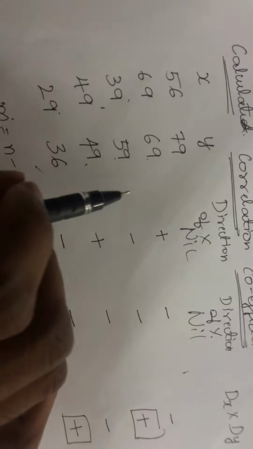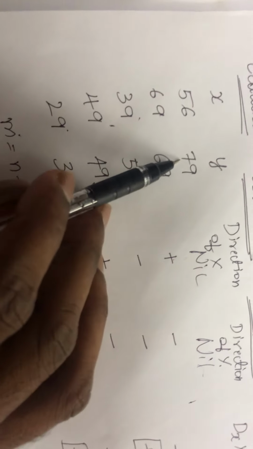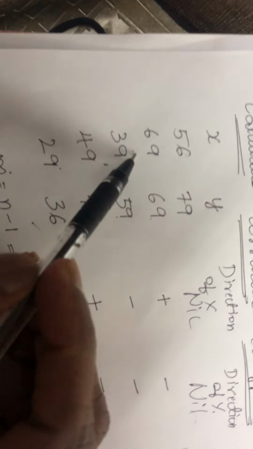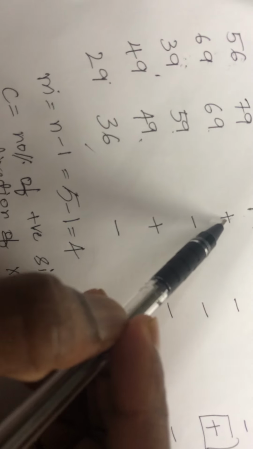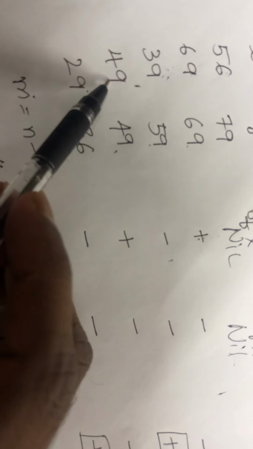That is, the 56 box will be nil and 79 will also be nil. Now compare from 56 to 69, has it increased or decreased? It is increasing, so plus for the 69. Then from 69 to 39, increased or decreased? Decreased, so minus. From 39 to 49 again it is increasing, plus. Again from 49 to 29 it is decreasing, minus.